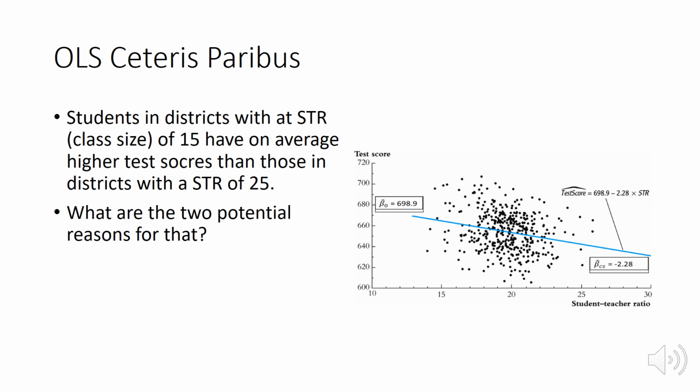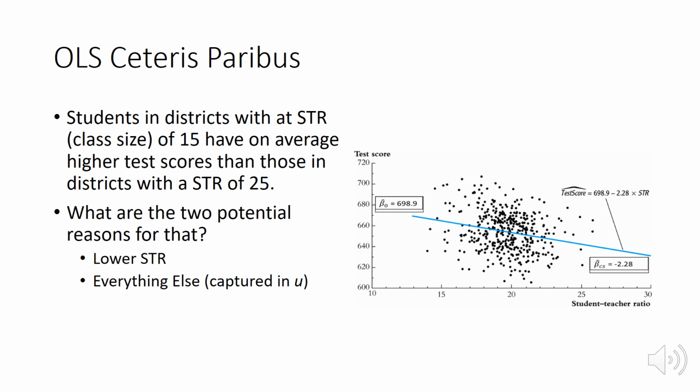But from our causal model, we can think of two reasons why this is happening. One, the direct effect of this lower student-to-teacher ratio, or our other effect of everything else that's going on in the world.